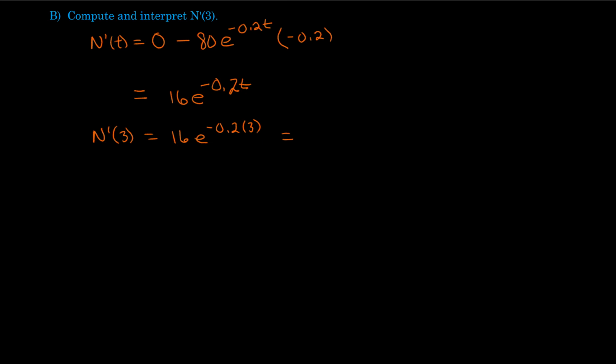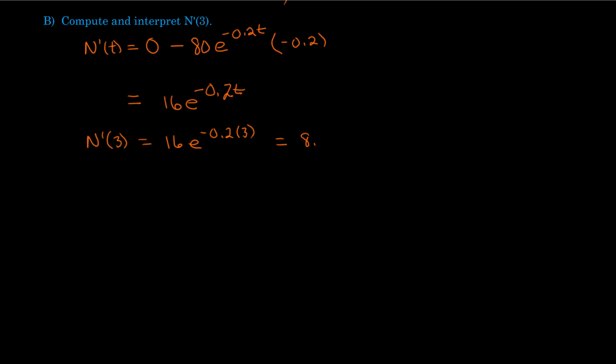And if I plug that into my calculator, we have 16 times e to the negative 0.6, because 0.2 times 3 is negative 0.6. And this is going to be equal to 8.78.